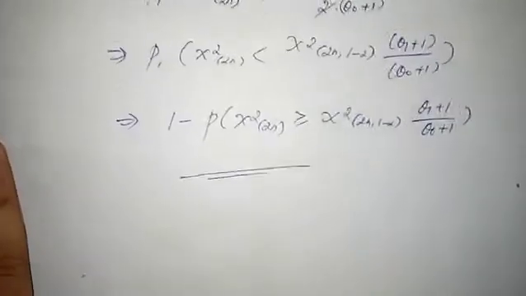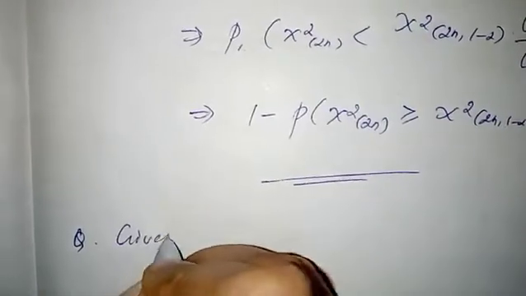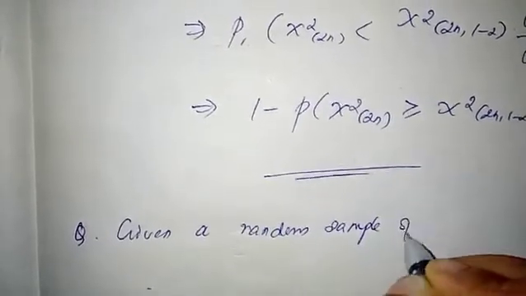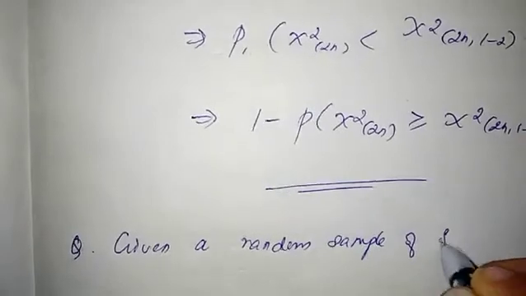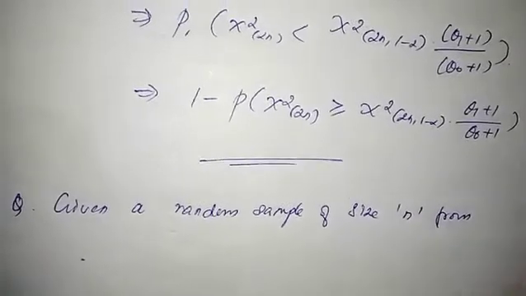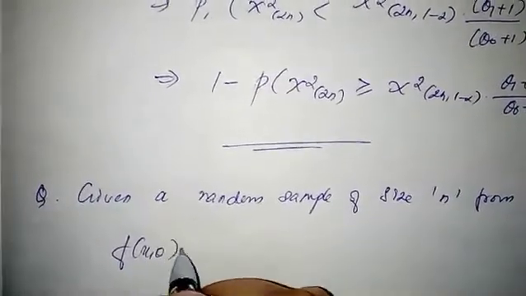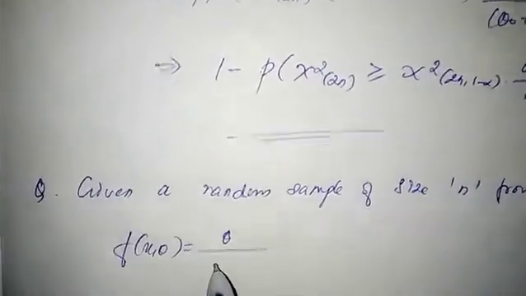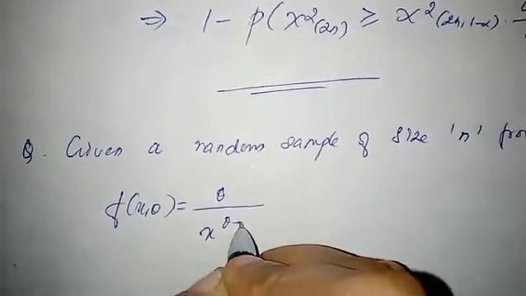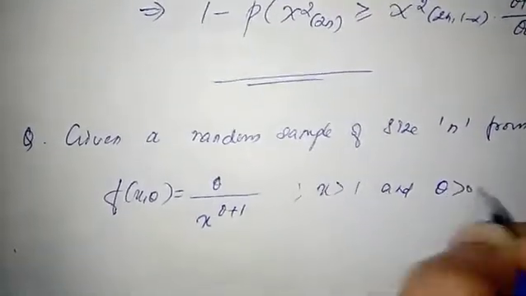Next we are going to solve another problem. The question is: given a random sample of size n from a distribution with the density f of x theta equal to theta divided by x to the power theta plus 1, where x is greater than 1 and theta is greater than 0.